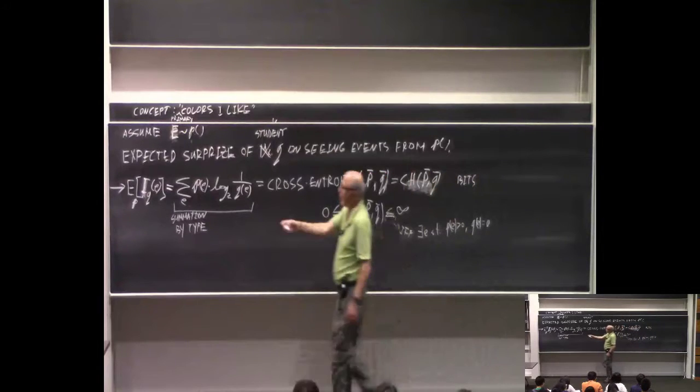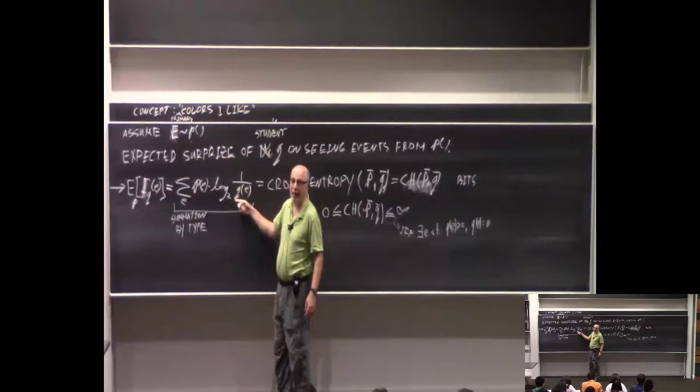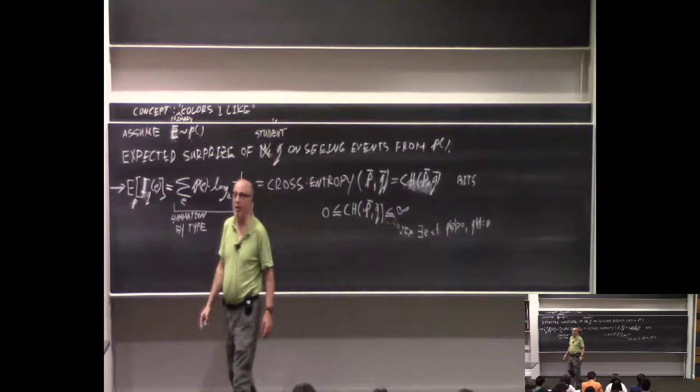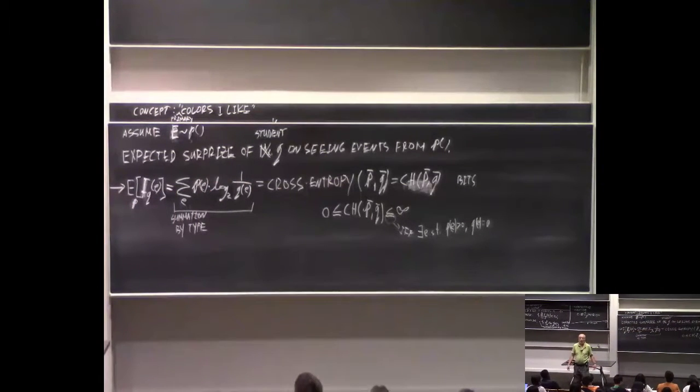When will it happen? When one of these components blows up, becomes infinity. When will one of these components be infinity? When there's an E that makes this non-zero, but makes this 0. In other words, when something that the subjective observer thought was not possible, actually is possible.